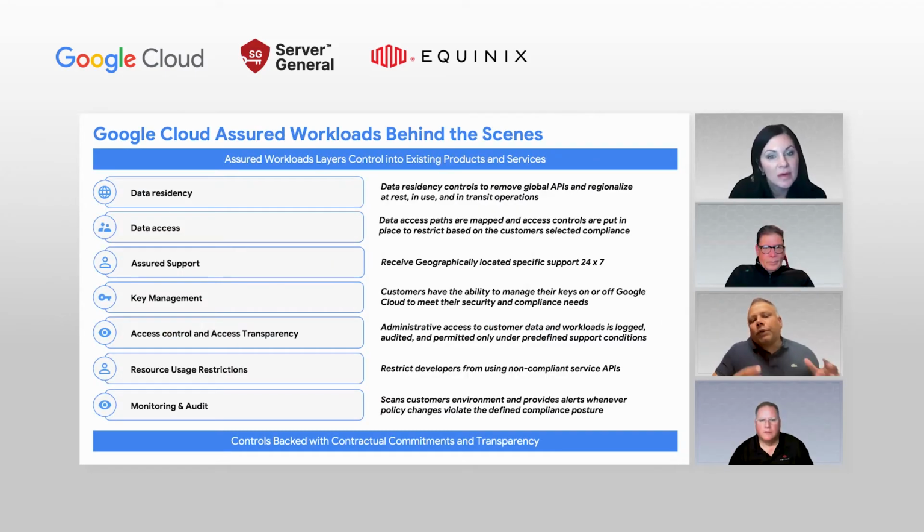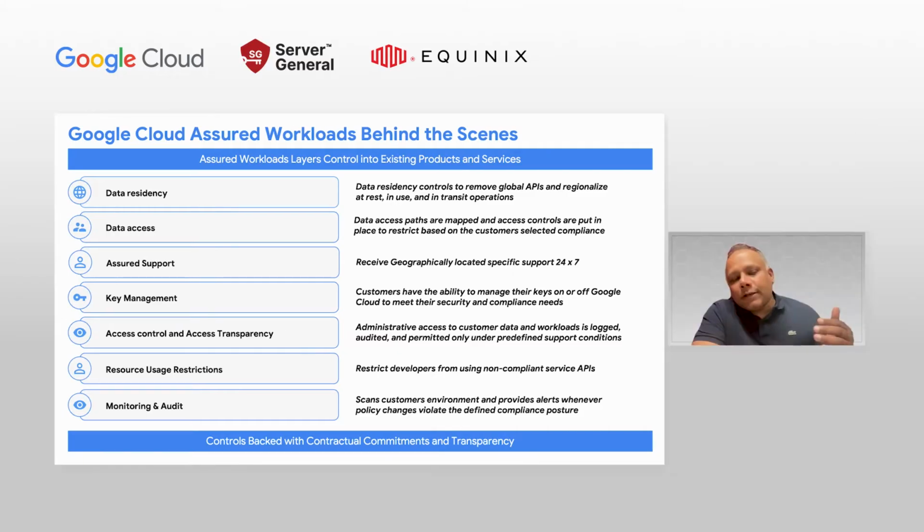So the way Assured Workloads works is we have a set of software-based controls that provide a variety of different protections needed to achieve that compliance posture. For example, for data residency at rest, in transit, or in use, there's a set of controls that can be configured if needed by that particular compliance regime.